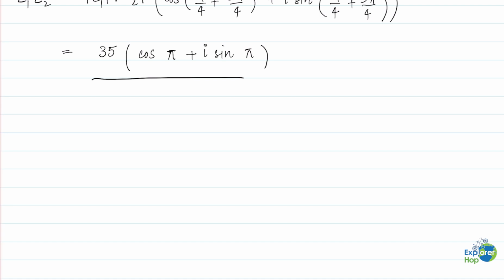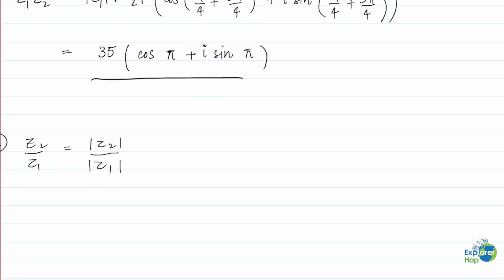Similarly, for the division of z2 by z1, whenever two complex numbers in polar form are divided, their moduli are divided as well. So in this case it would be z2 over z1, and their arguments, instead of being added, this time will be subtracted from each other.